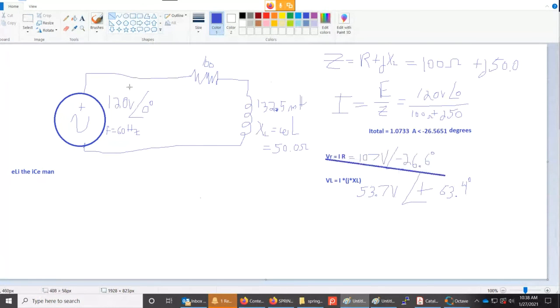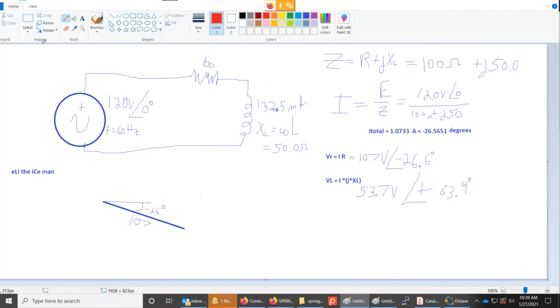We got VR here is 107 at minus 26 degrees. So that's going to be something like this, where we have an angle of minus 26 degrees with a magnitude of 107.